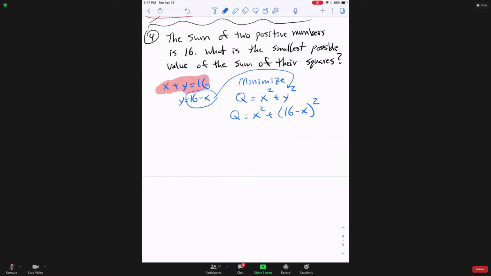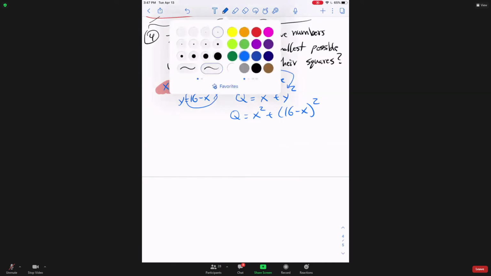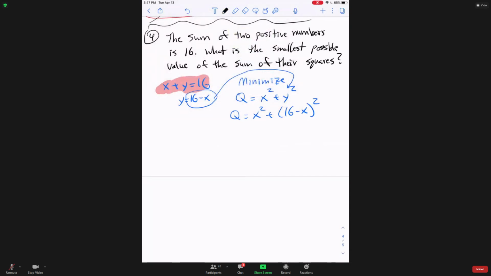How many of you are done? All right, so if you multiply this out, q equals x squared plus 16 minus x squared, that's 16 minus x times 16 minus x, which gets you 256 minus 32x plus x squared.